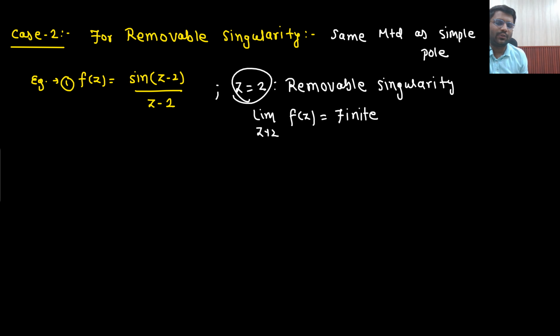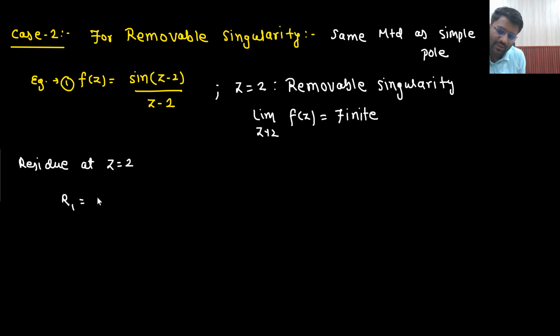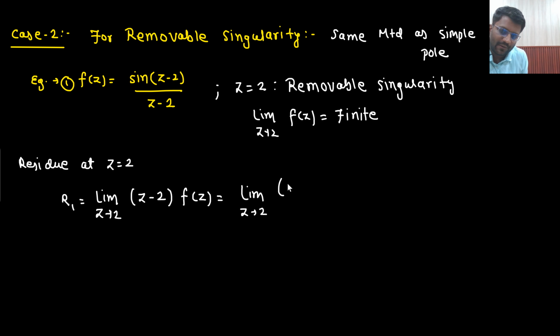Now the same method is there, no? What you are supposed to find out is the residue at z equals 2. So the residue at z equals 2 would be the limit as z tends to 2 of (z minus 2) f(z). Here f(z) is sin(z minus 2) upon (z minus 2).